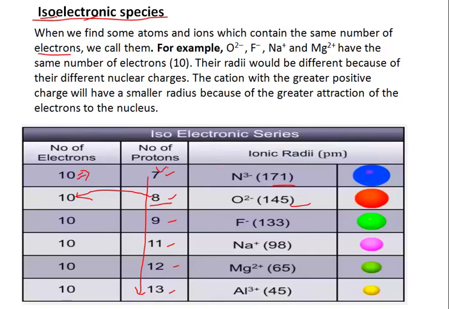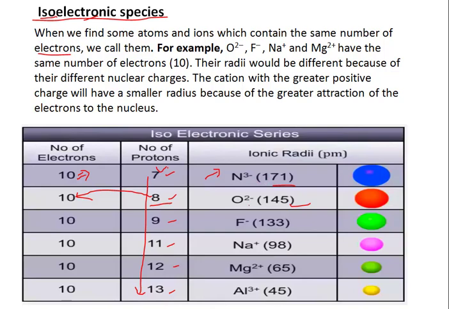Now what we can conclude from this, that when anion is having maximum negative charge, its radii will be maximum than that of another. For example, N3 negative, 3 negative means it has acquired 3 electrons, so that repulsive forces will be maximum between the electrons, and hence its radii will be maximum.